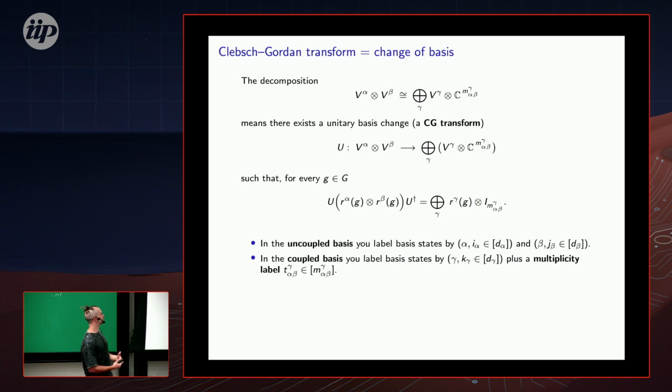Now I take the tensor product, and there is a coupled basis that is instead labeled by gamma, k gamma in the different options on d gamma, and a multiplicity label t gamma alpha beta. So we can map between these two bases, and the mapping between them is called the Clebsch-Gordan transform, which is a Fourier transform.